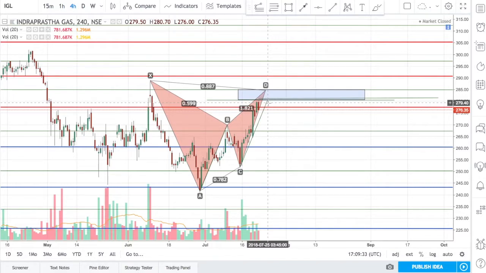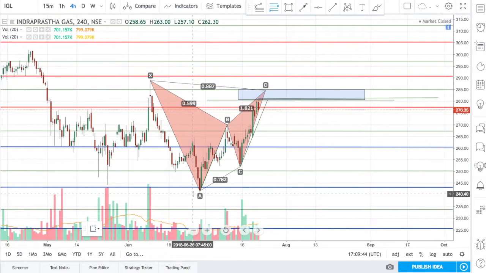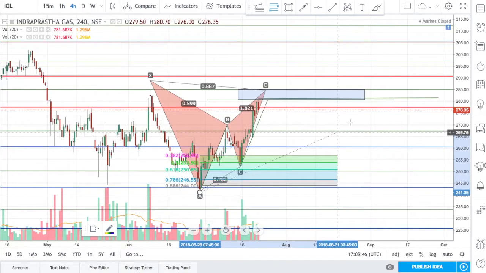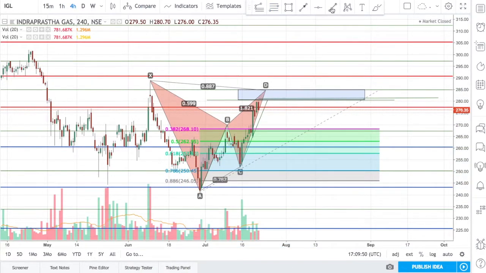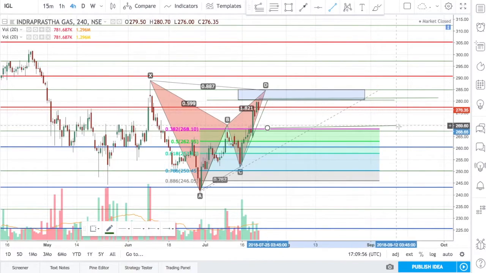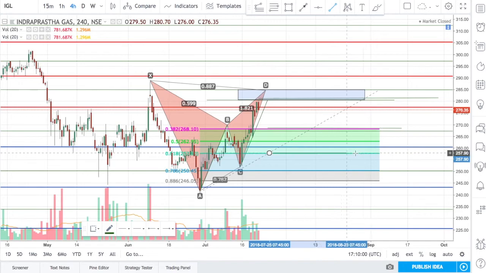Let me show you how to place your targets and where to put your stop loss. For that purpose, let's pick the fib retracement tool from A to D. It gives our point 0.382 as this and 0.618 as this level.